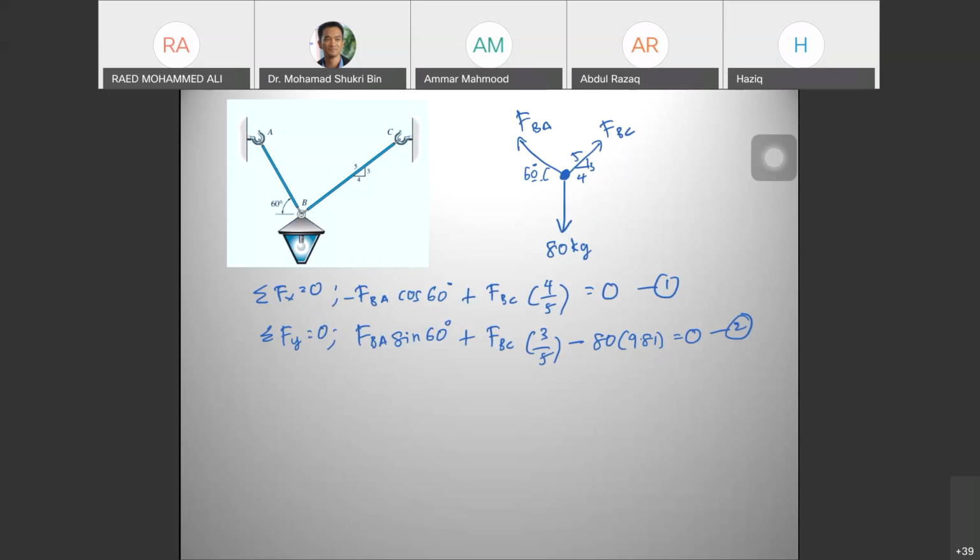So you have FBA equals 632.38 Newton and FBC is 395.24 Newton.